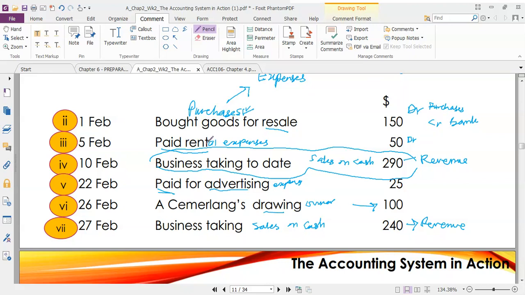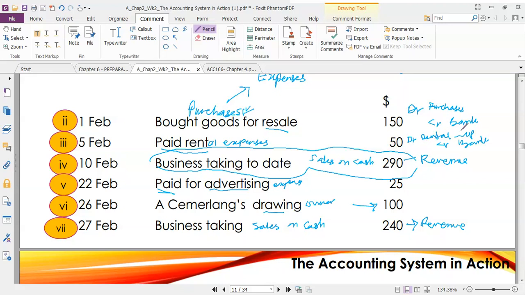No. We paid rental. It means that debit rental expenses. Rental expenses we must debit and then we must credit bank. If we increase the expenses we must debit.